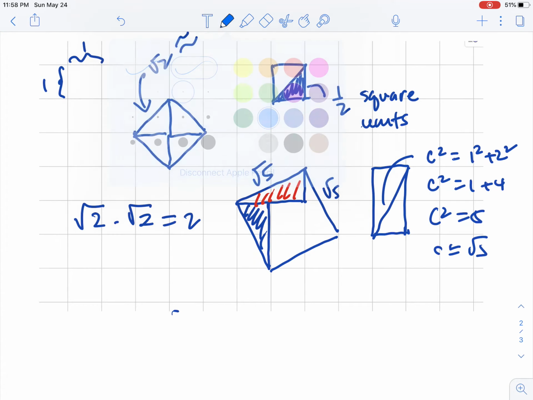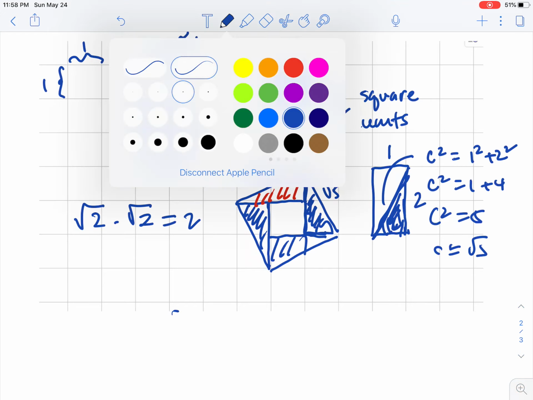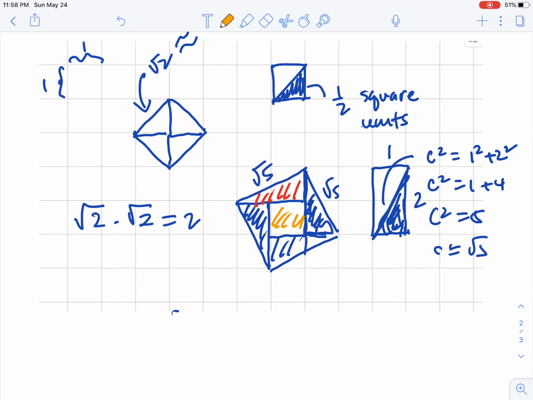And ibig sabihin, ilang 1 yan? 4 na 1, di ba? Nagets nyo ba? This is a 1 by 2 rectangle. This is 1 times 2. Ang area niya ay 2 square units. Pero ang kalahati niya, syempre 1 lang, 1 square unit. At meron kang 4 na 1 square unit, plus yung nasa gitna na isang square. That's 1. So, 4 plus 1 is 5. This also shows that square root of 5 times square root of 5 is equal to 5.